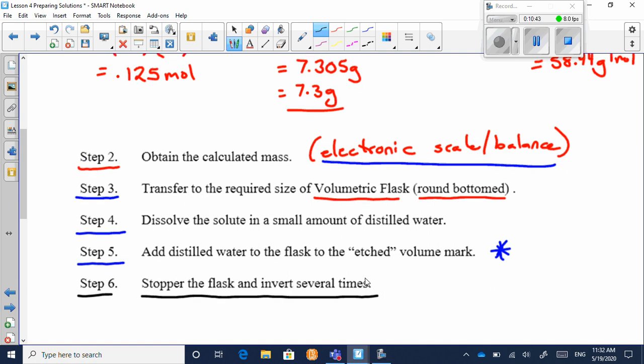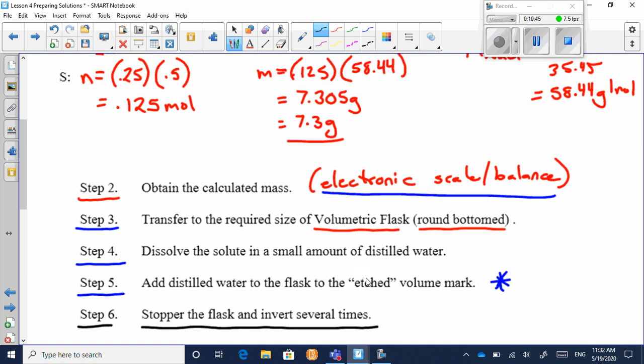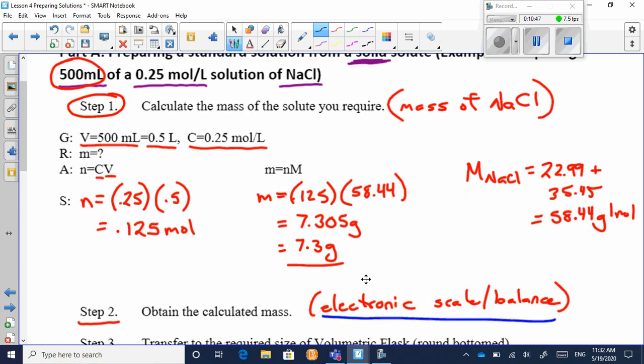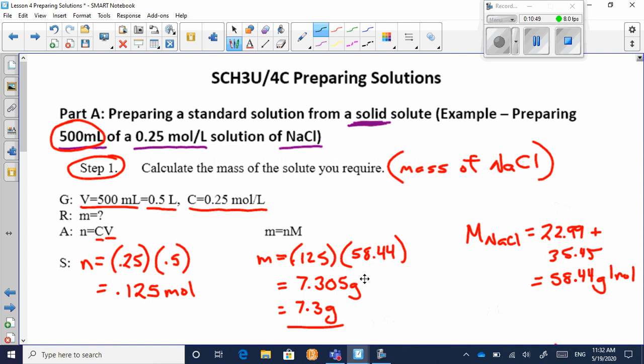Okay, so these are the steps you would go through as a chemist to prepare a very specific 500 milliliters of a 0.25 mole per liter solution.